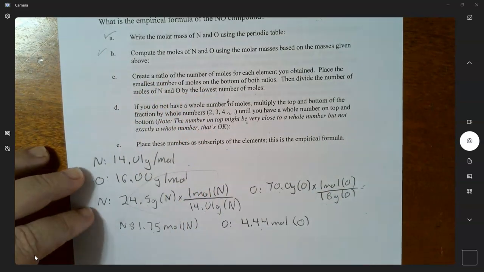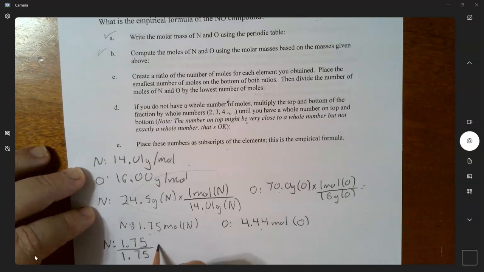Okay, so for N, we put the smallest one on the bottom. So 1.75 is smaller than 4.44. So again, label which one is which. And so the smaller one is always going to end up being a ratio of 1.